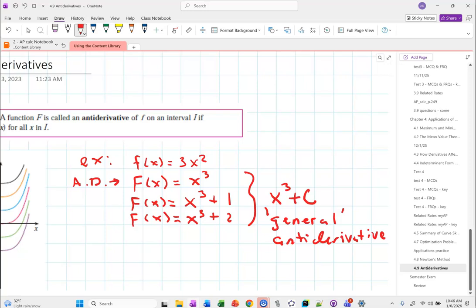Right now, what I want the takeaway to be is that if we think about this process of anti-differentiation as a function, one input has infinitely many outputs, right? Is that good or bad? That's bad, right? That's not a function.